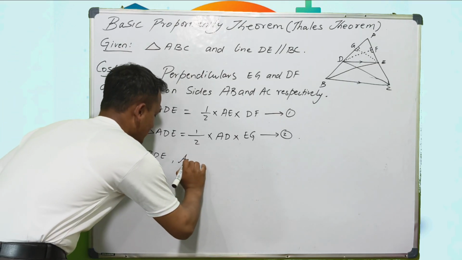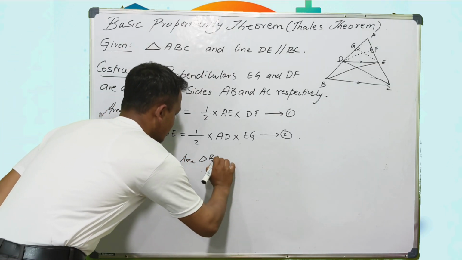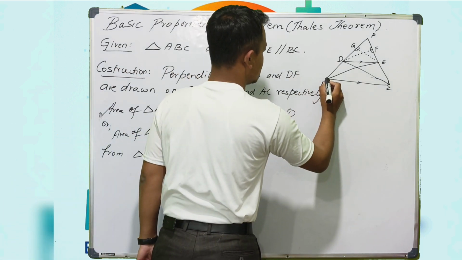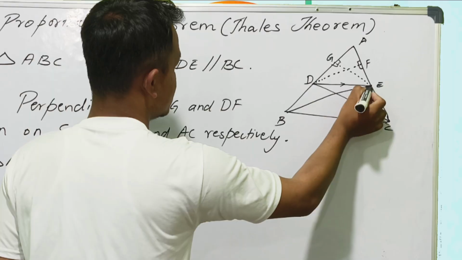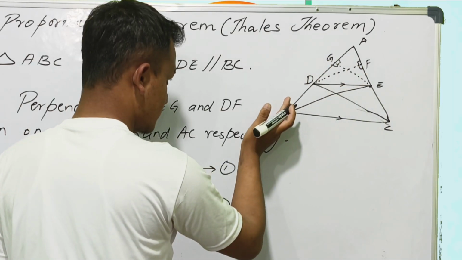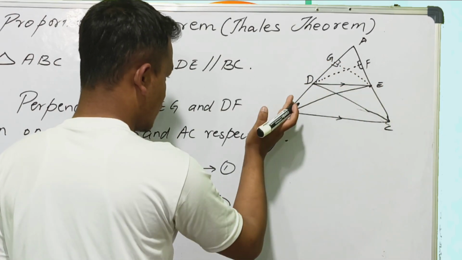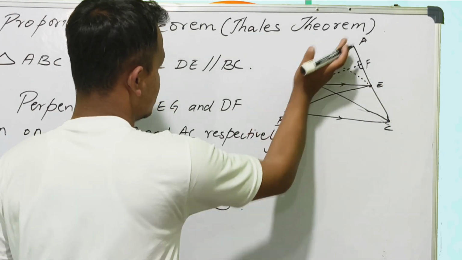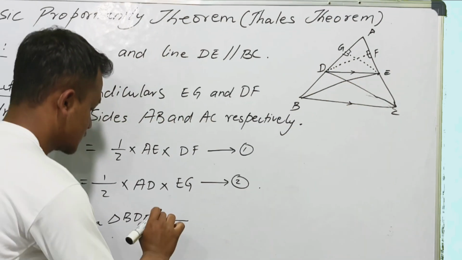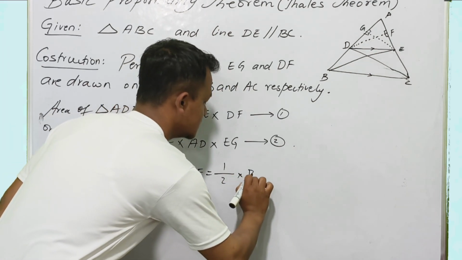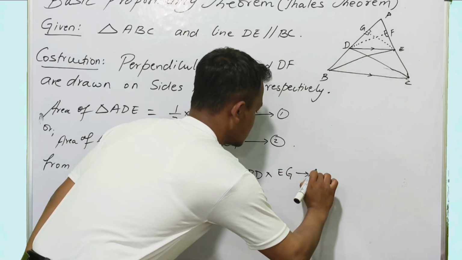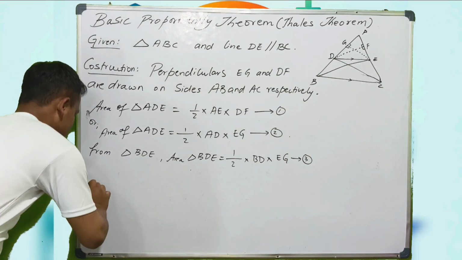Area of triangle BDE: if you consider this triangle BDE, then obviously EG will be the perpendicular, since EG falls on the line along BD. So if EG is the perpendicular, then BD will be the base. So half base is BD, height is EG. Let's note that as equation number 3.